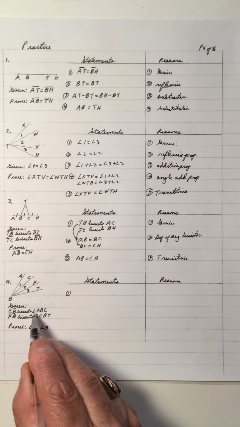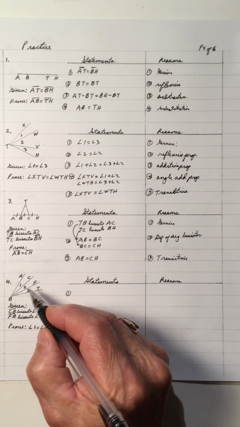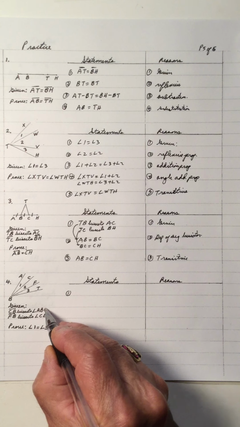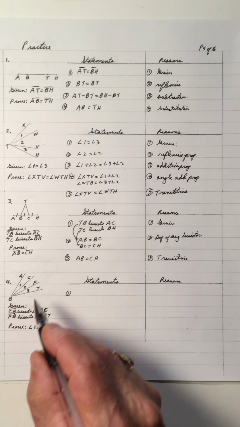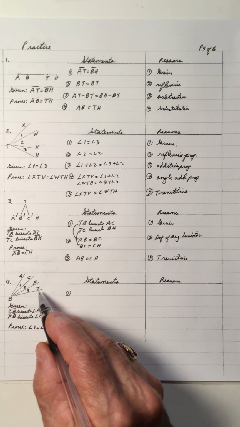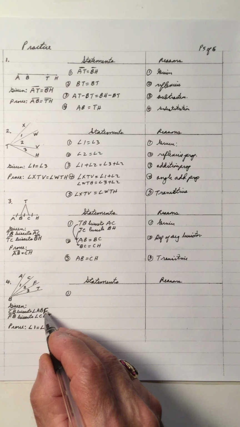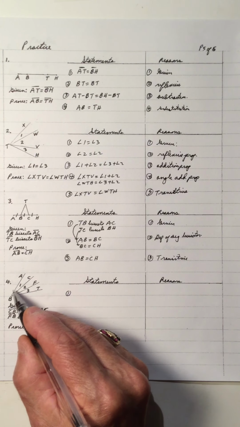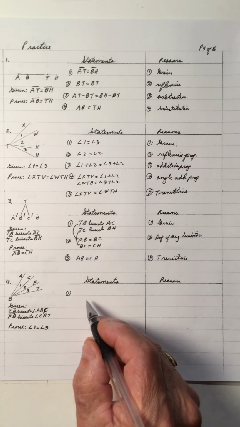BC bisects ABF, a little error, that's an F, and BF bisects CBT. How can BC bisect angle ABC? That's an F, my mistake.